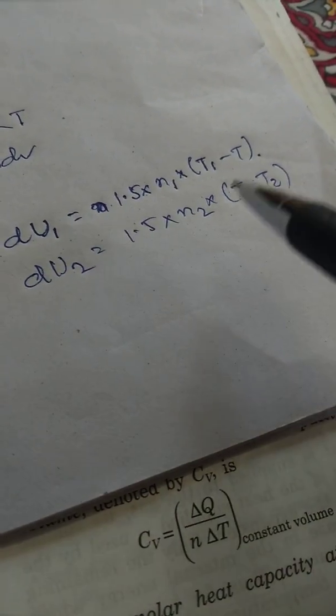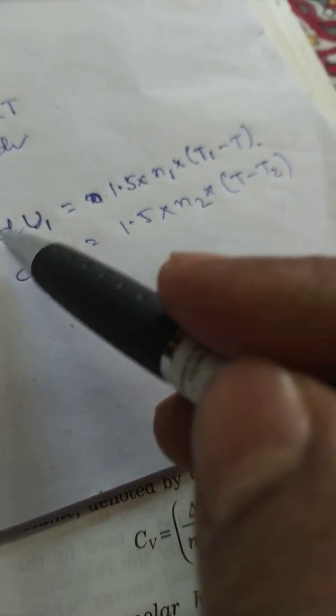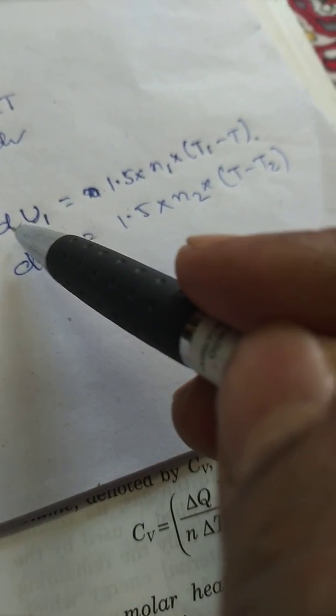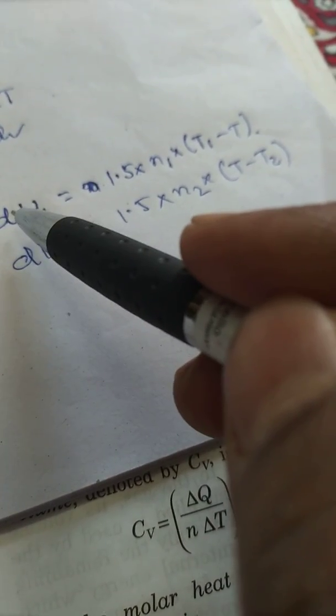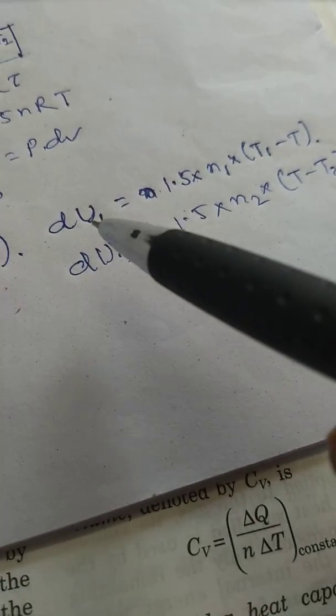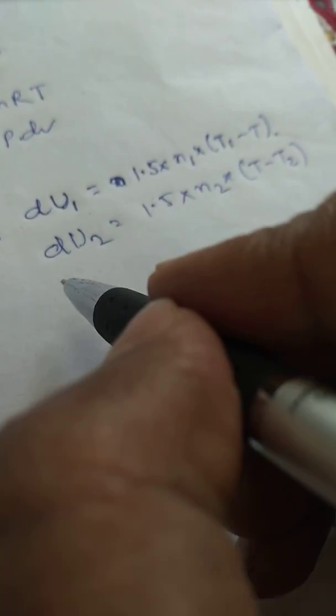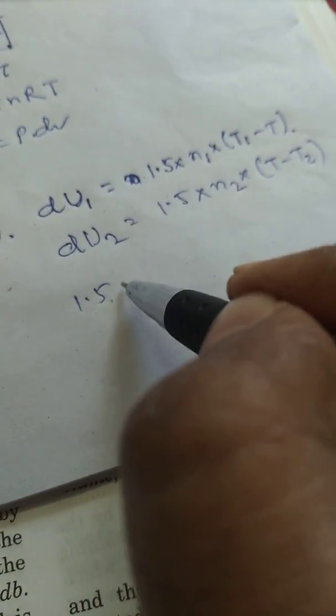So why am I saying the heat loss? Heat loss should be dq, but why am I saying dU? Because dw is 0. I know that dq is equal to dU plus dw, but as dw is 0, heat loss equals this. So by condition they are equal, so 1.5.